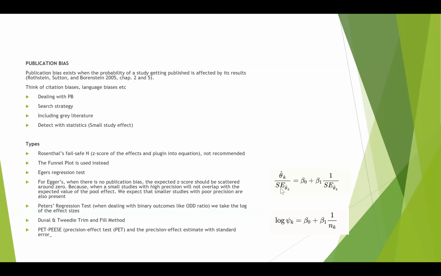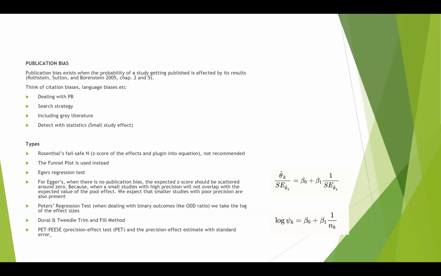All right, so that is an example of it. The expected z-score should be scattered around 0. Because small studies with low precision will actually overlap with the expected value, because we have an expectation. Our pooled value always has some confidence intervals around it.